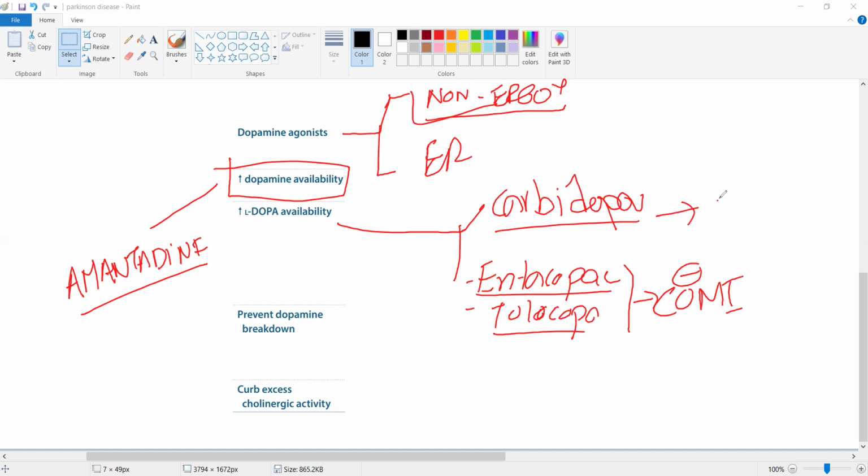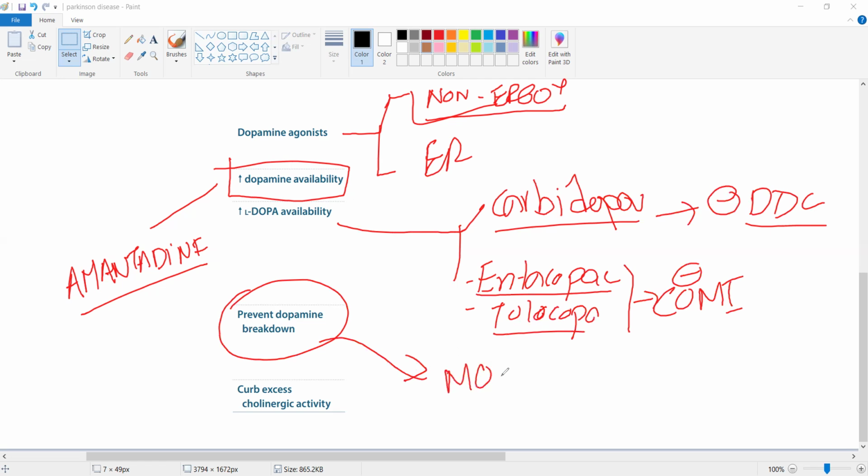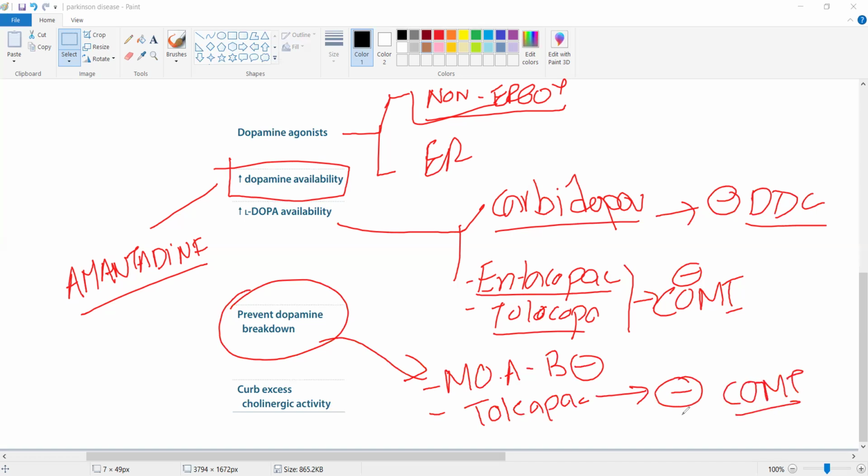And carbidopa is a dopa decarboxylase inhibitor. Right? To prevent dopamine breakdown, we use monoamine oxidase B inhibitors. Right? And again, tolcapone is a COMT inhibitor. Right?